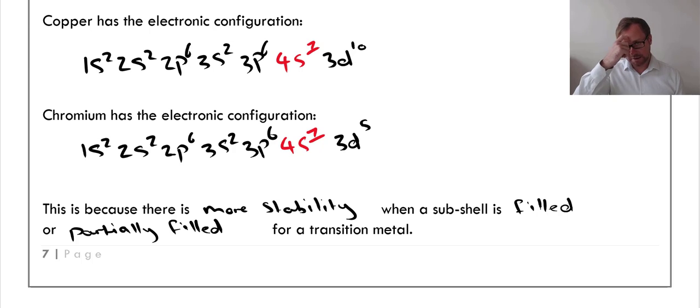Okay, it's a pretty basic explanation, and it's fine for A level. All you have to do is really just remember that copper and chromium only have one electron in their 4s orbital.